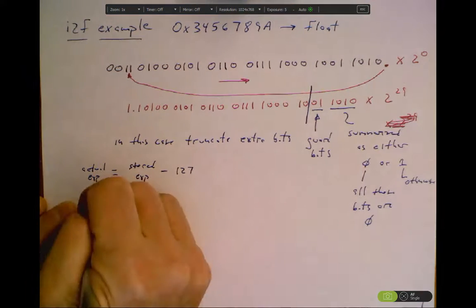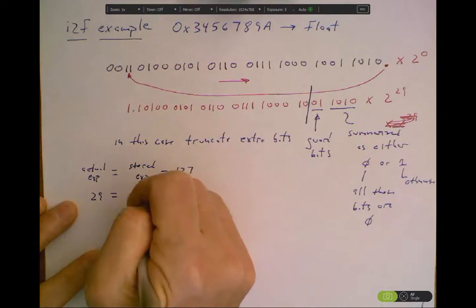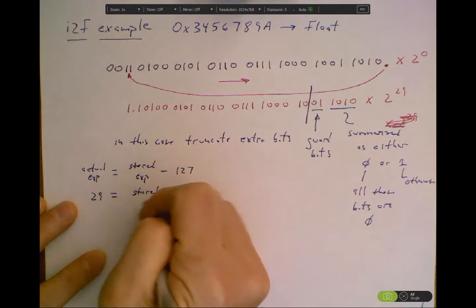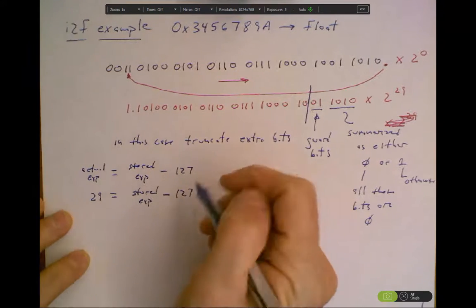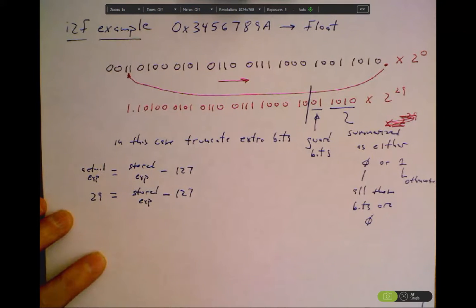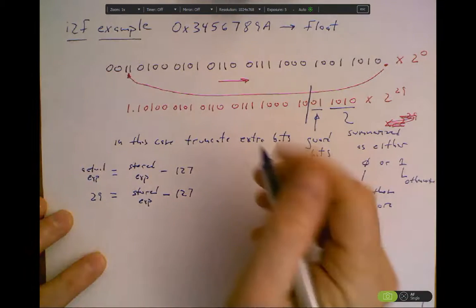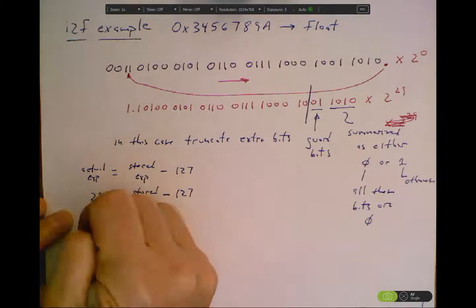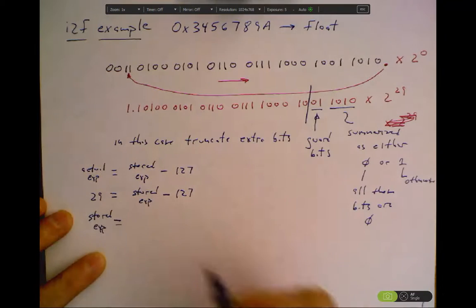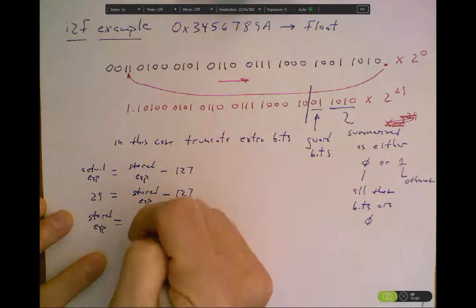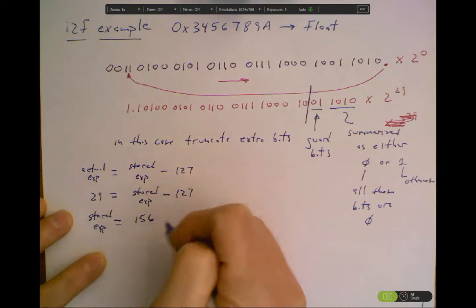So in this case, the actual exponent is 29. The stored exponent is unknown, so we're solving for that. So the stored exponent is going to be 156.